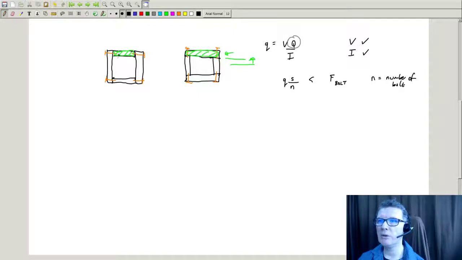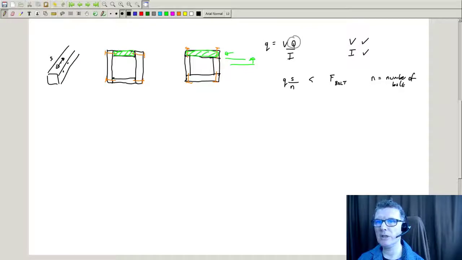So here we've got a section. It's shearing through 2 bolts. So the condition that we're looking for is that the little q, the spacing as I'm looking down the beam between my bolts, in this case, they're in the side.